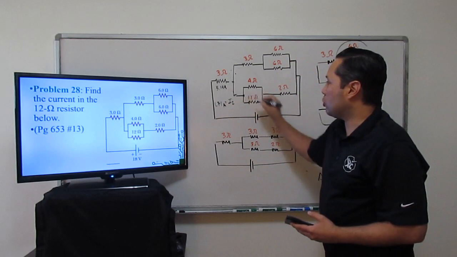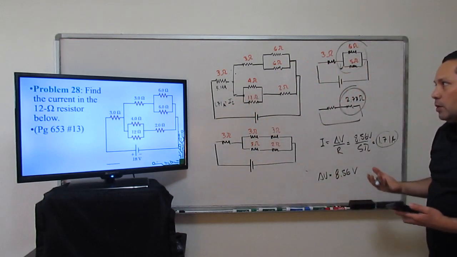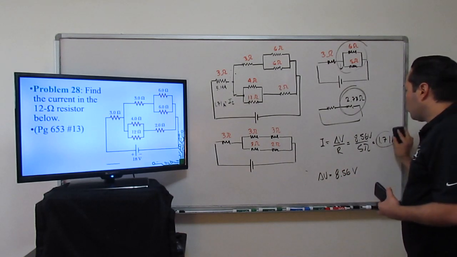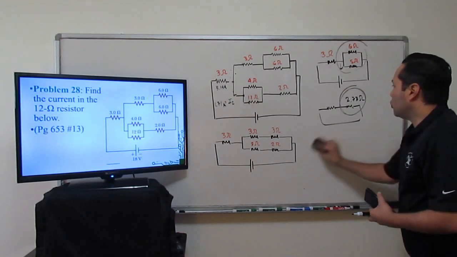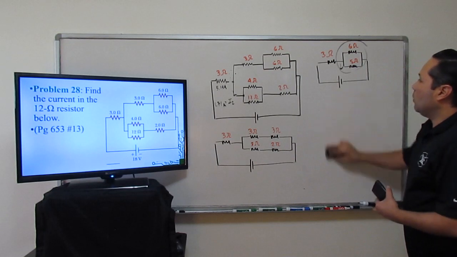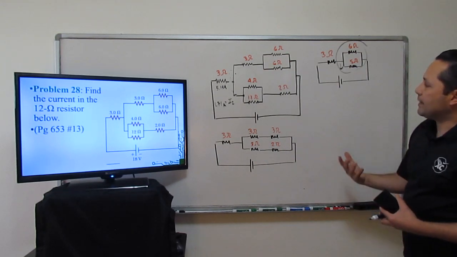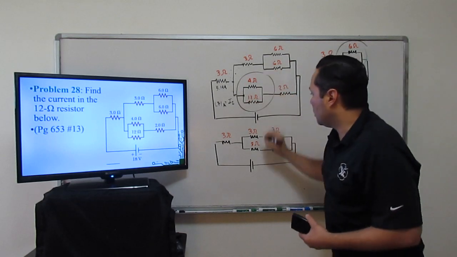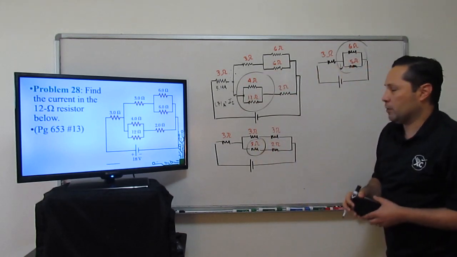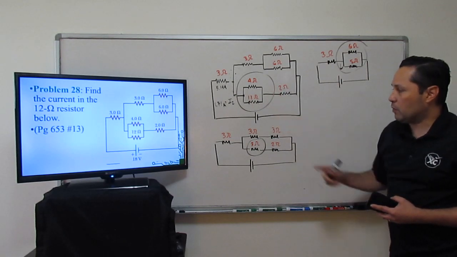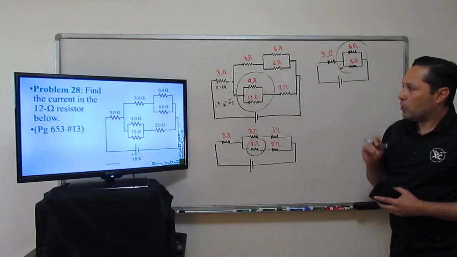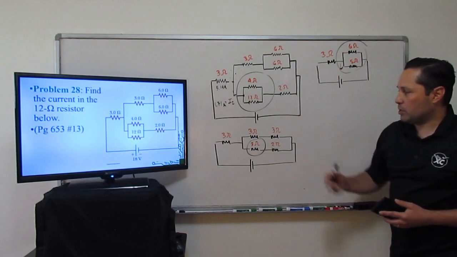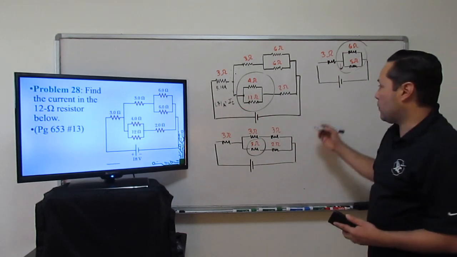Alright, now here we go. We have another junction right there, so it's going to split. Now we've got to solve for that. It's going to look very similar: what's the potential difference at this junction right here? Notice that this junction has an equivalent resistance of 3, which we had solved for previously. Now we have the current and the equivalent resistance, so we can figure out the potential difference at that point.